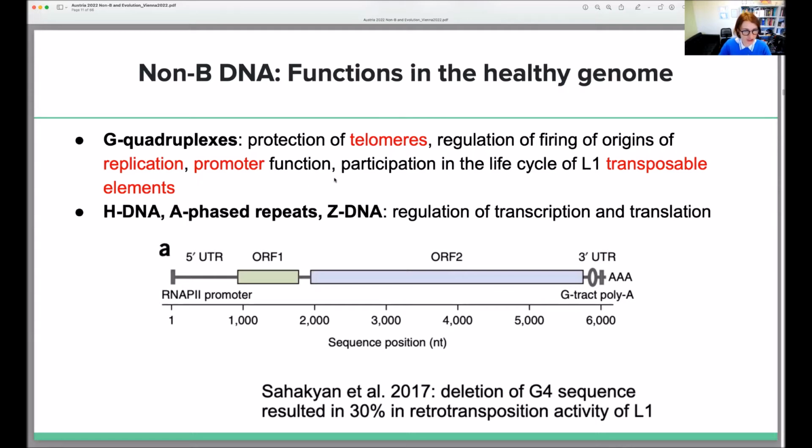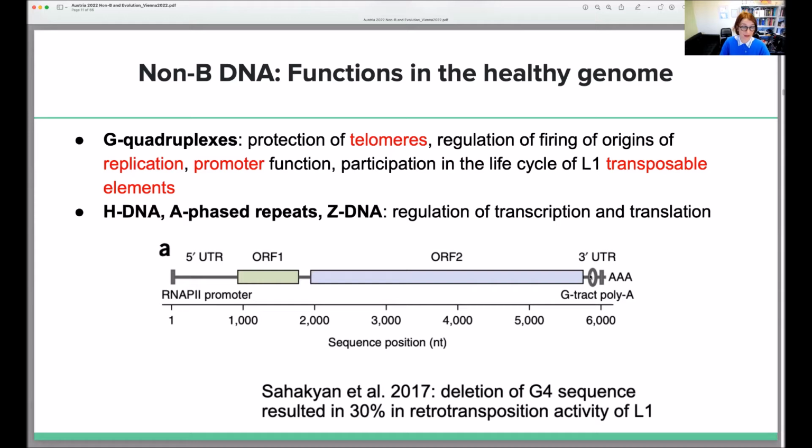Another function of G quadruplexes is that they participate in the life cycle of some transposable elements. And a prominent example are L1 elements. This is work that was published in 2017 from another group. There is a G tract right here, a G quadruplex motif.